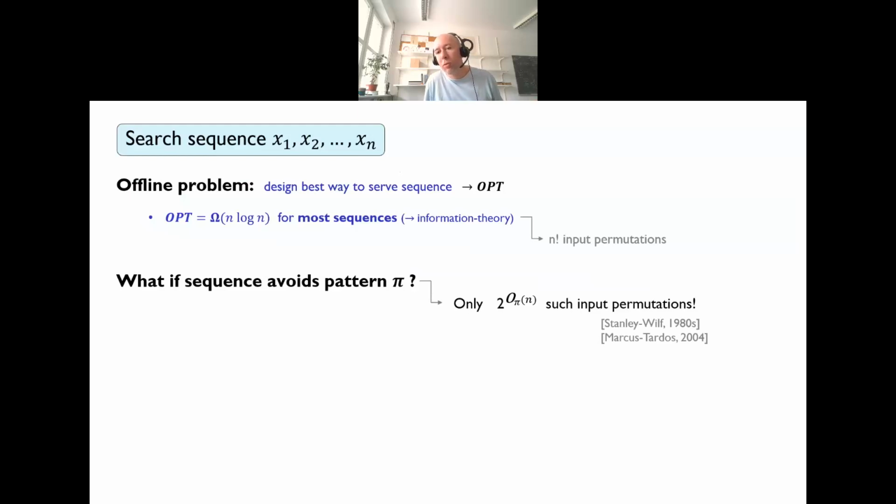So this was a famous conjecture, the Stanley-Wilf conjecture, which was proven by Marcus and Tardos in 2004. So we know that because there are only single exponentially many such inputs, information theory would allow a linear optimum. So it may be possible to serve such sequences in linear time. And the motivating question is that it may even be possible to sort such sequences in linear time.